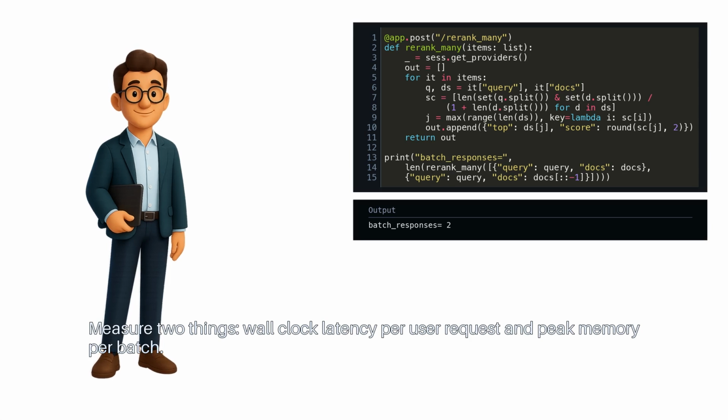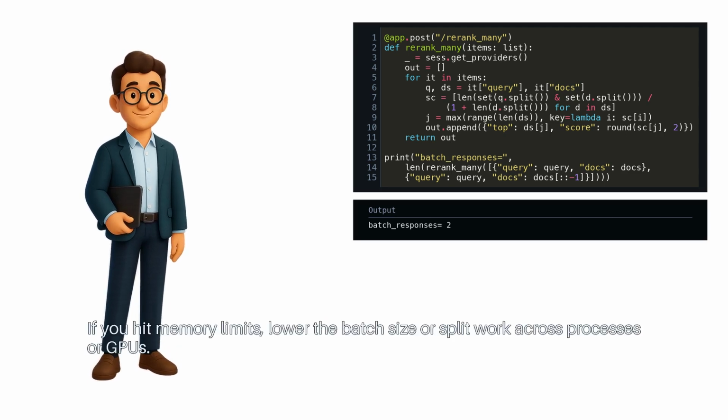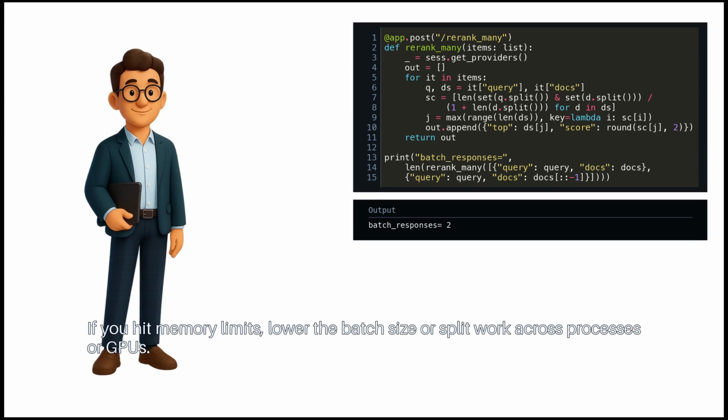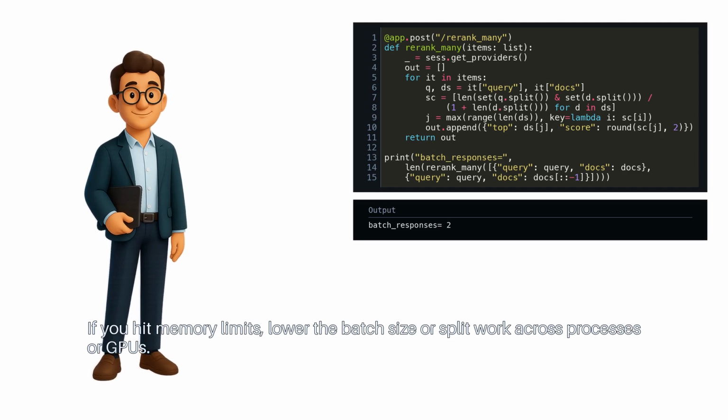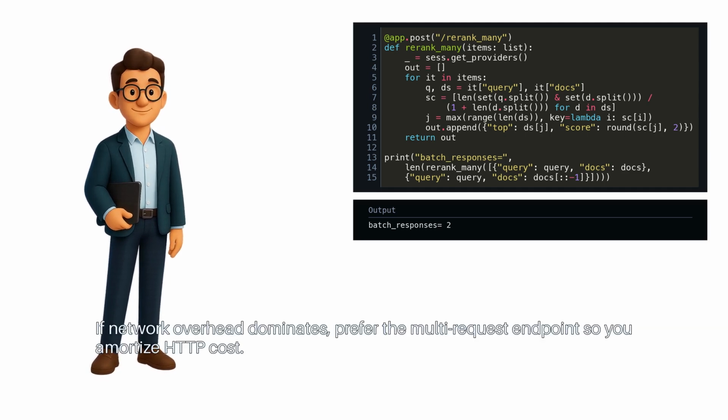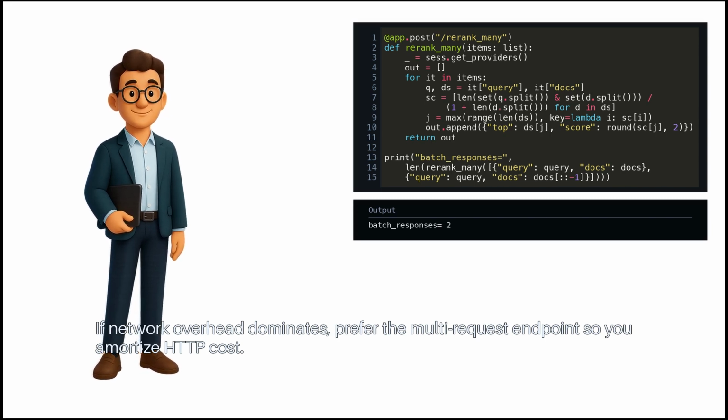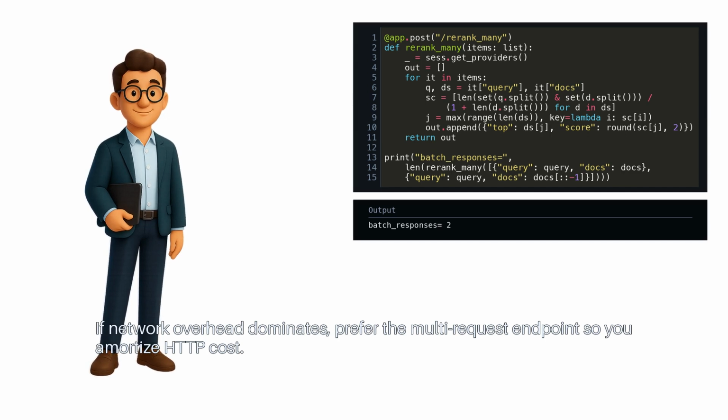Measure two things: wall clock latency per user request and peak memory per batch. If you hit memory limits, lower the batch size or split work across processes or GPUs. If network overhead dominates, prefer the multi-request endpoint so you amortize HTTP cost.